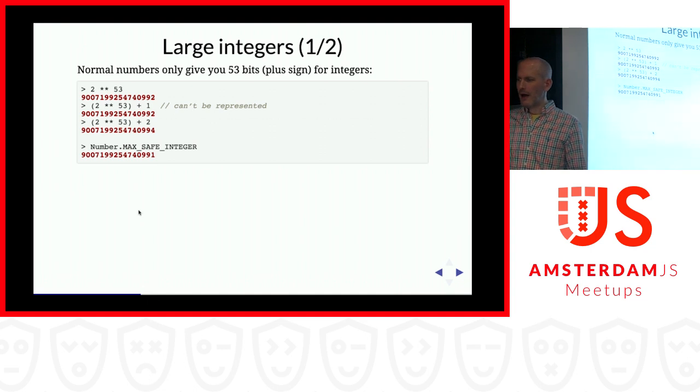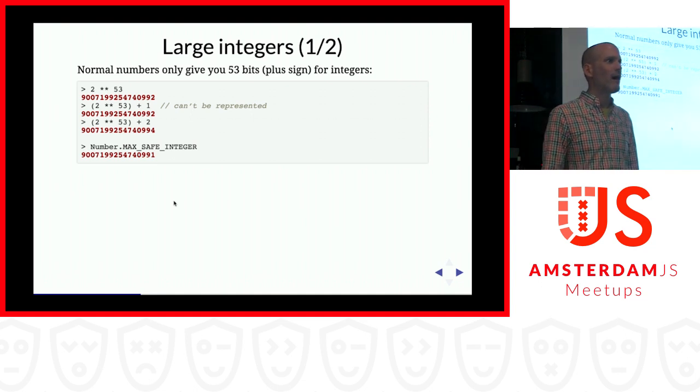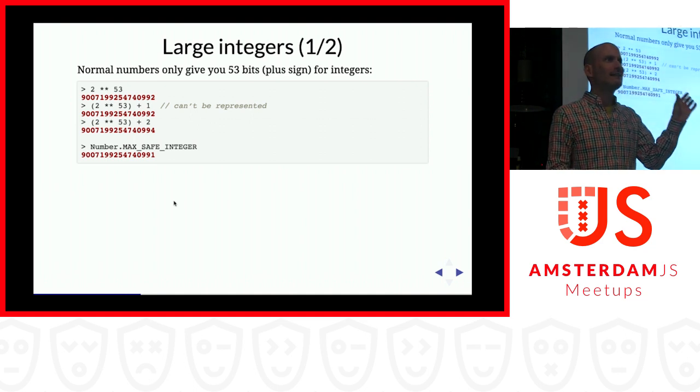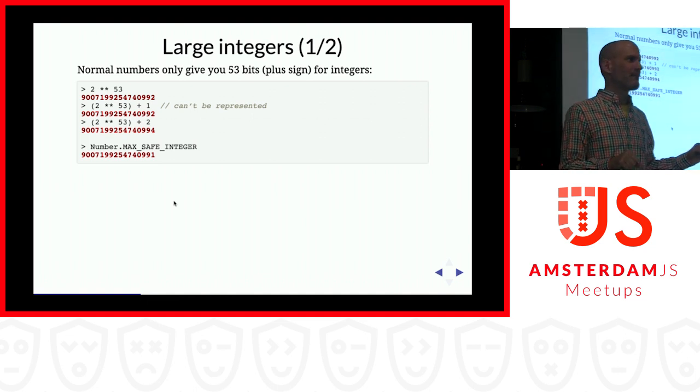Next feature that is already firmly on the roadmap and that will become a part of the standard very soon is large integers. There are quite a few examples of this, for example, Twitter. For a while, they stored the IDs of a tweet in JavaScript as a number.